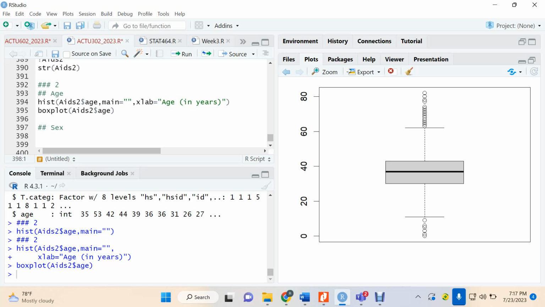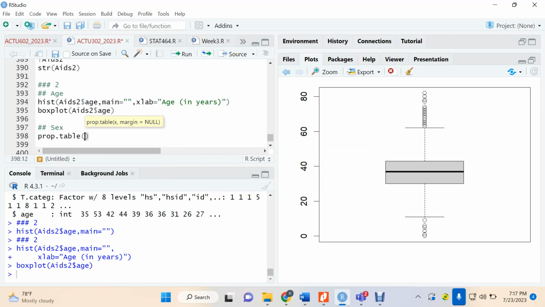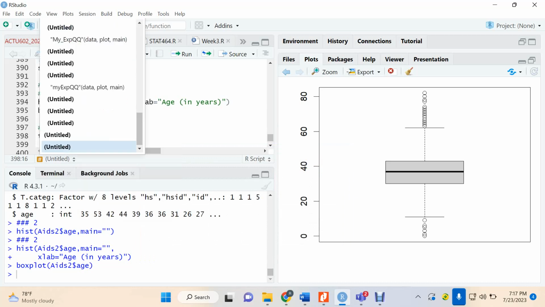So one way is that we can construct a pie chart, or maybe we can do the prop table. Or let me just use a bar plot. If you are using a bar plot, then you need to table the text. So you have to go to A's2, and then sex.